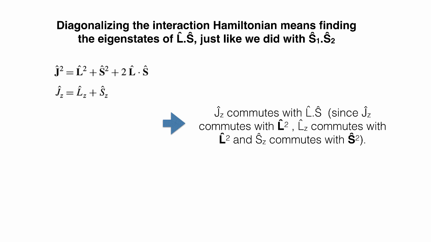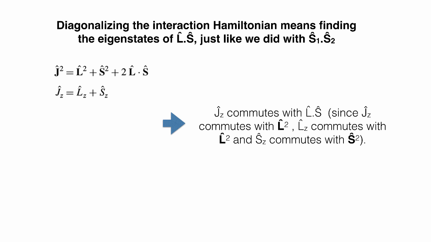Why? Because Jz commutes with L square, certainly, right? Lz commutes with L square, that we know, and Sz commutes with S square.